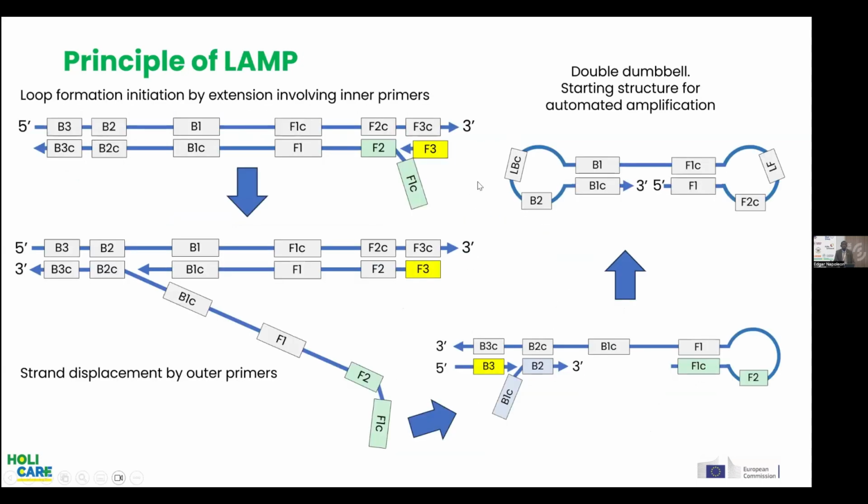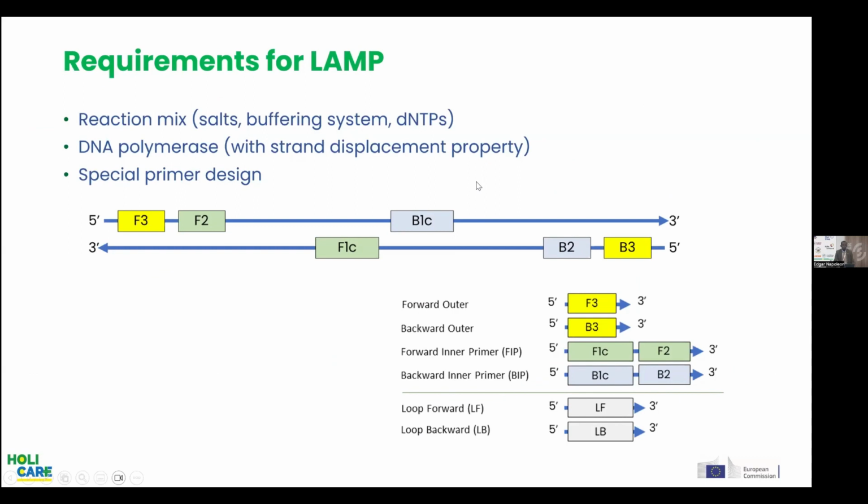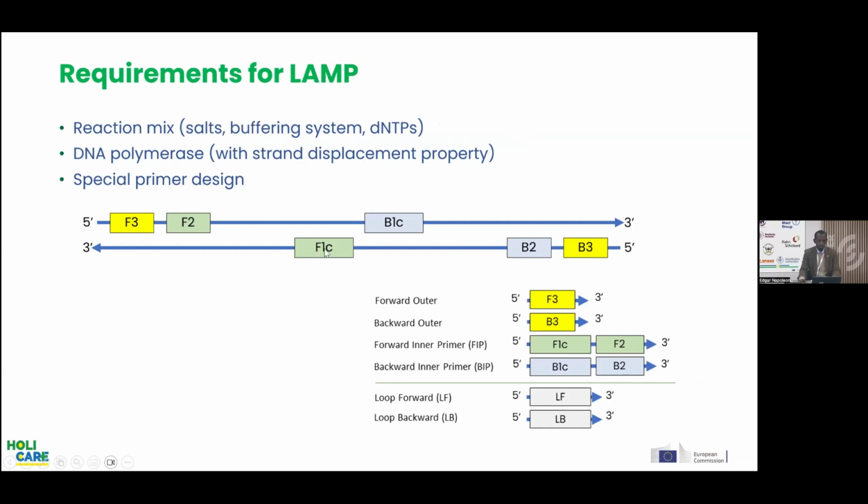Each of them is composed of two parts. The first part, which we call the F2 primer, is a little bit to the outer part, and then the inner part is the F1C primer, which is to the inner part. And both parts together compose the so-called either forward inner primer or backward inner primer.